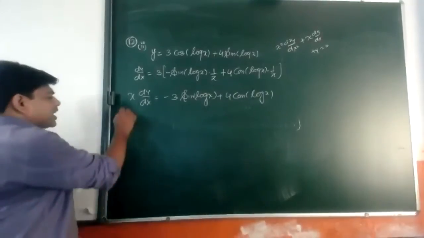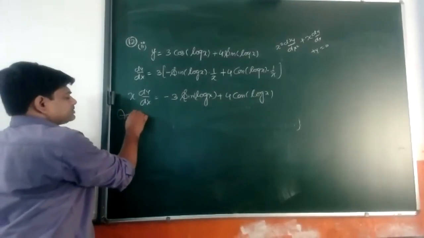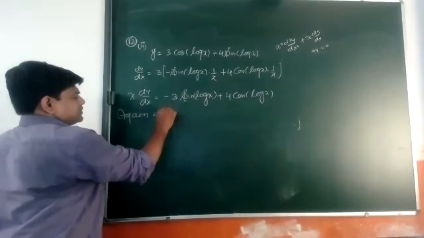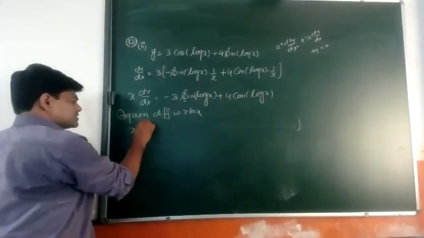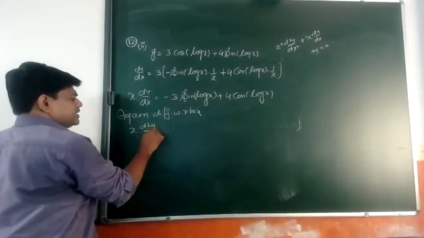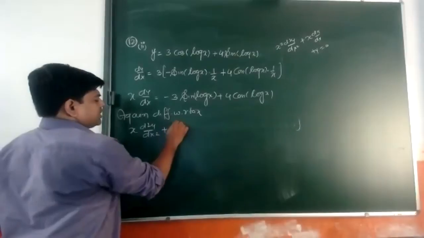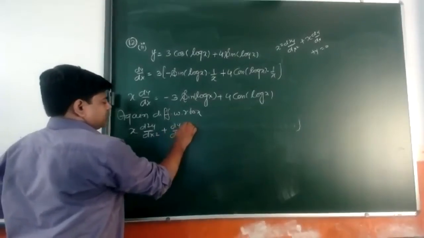Now, if you write again, differentiating with respect to x, it is x d2y by dx square plus dy by dx into 1.